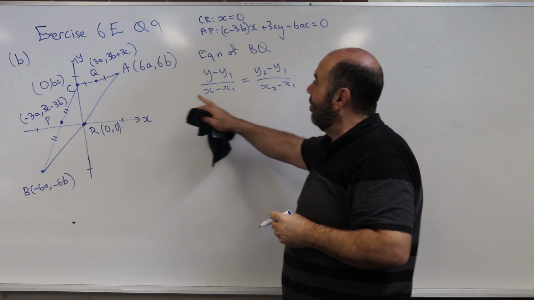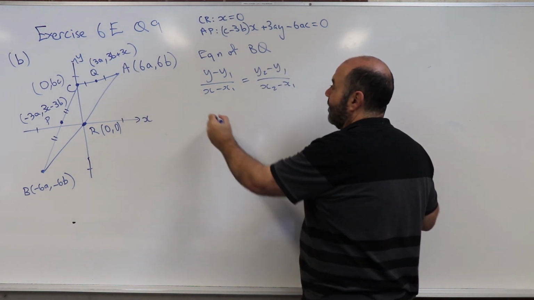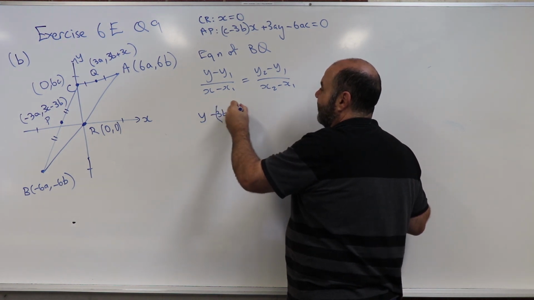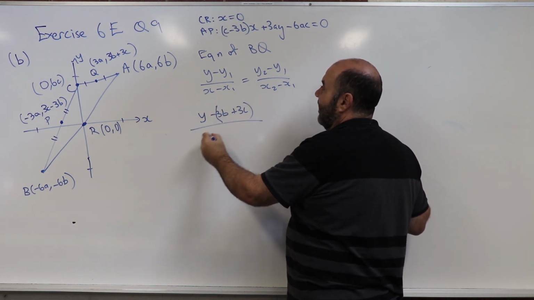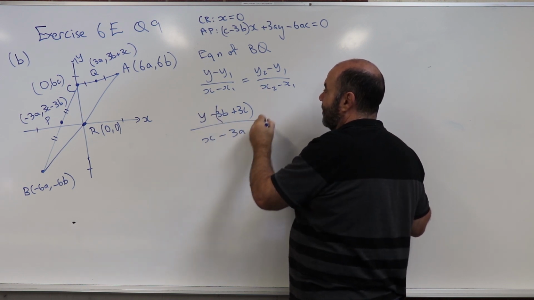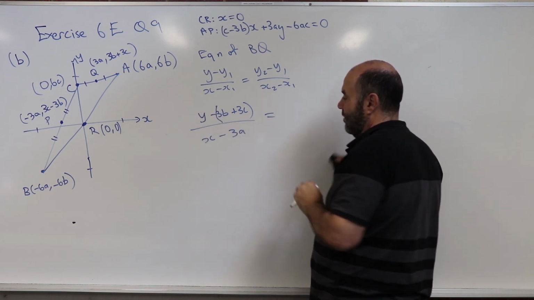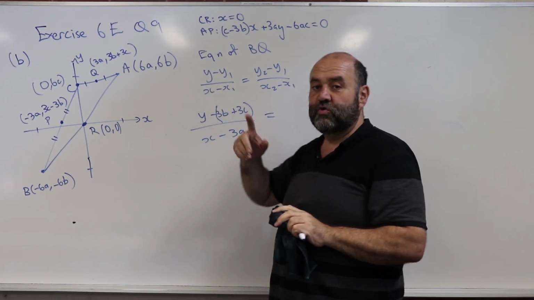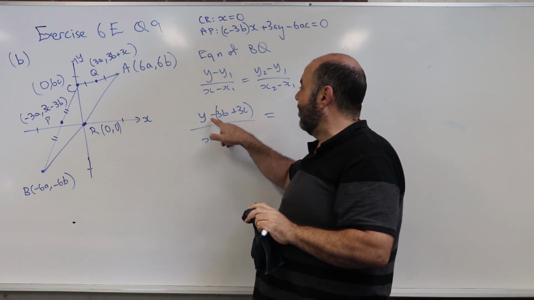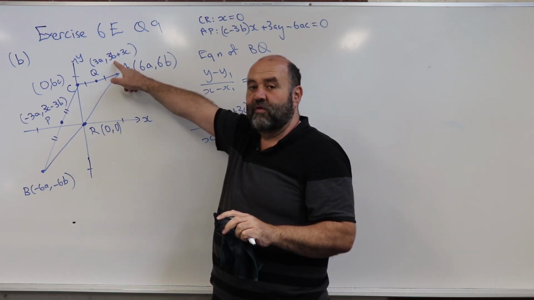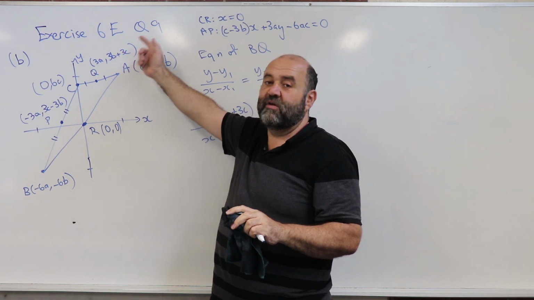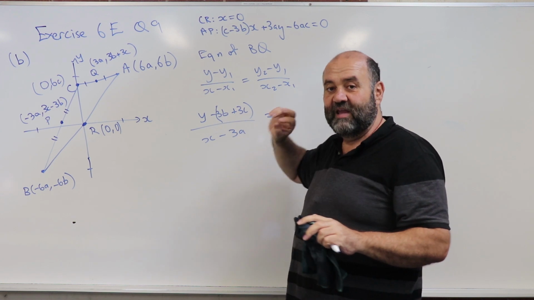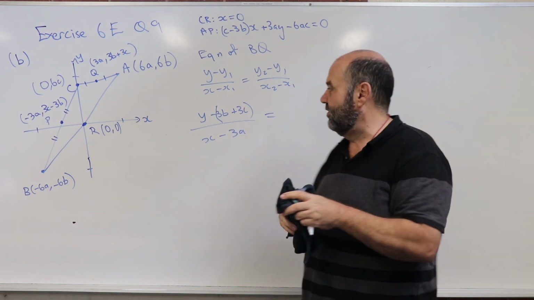Well, y minus y1 is y minus (3b plus 3c) over x minus x1, x minus 3a. Now make sure you put it in brackets, because the minus doesn't just mean minus 3b, it means minus 3b minus 3c. So make sure you put that 3b plus 3c in brackets, so the whole thing is being subtracted.